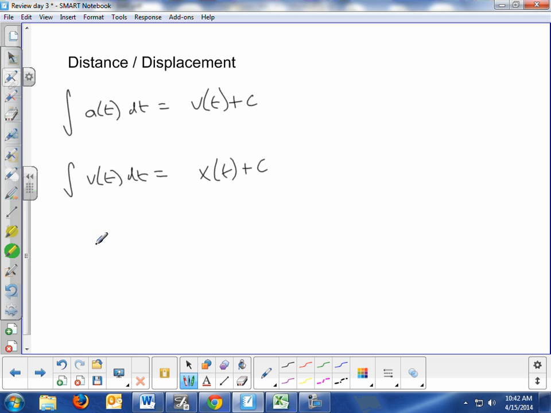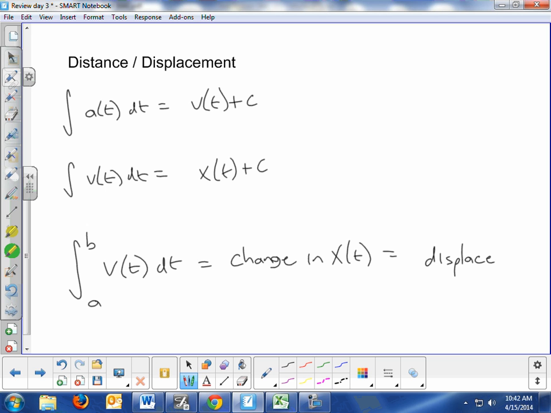Now, if I wanted to find displacement, I can take the area under my velocity. That's taking all of my velocities that are positive and negative, multiplying them by those infinitely skinny times. And, of course, we can say that's the area under your velocity curve, or your change in the antiderivative, and that stands for displacement, if we're talking about the change in position.